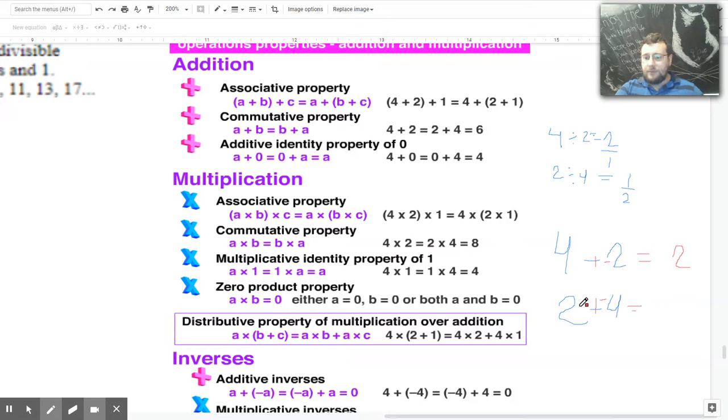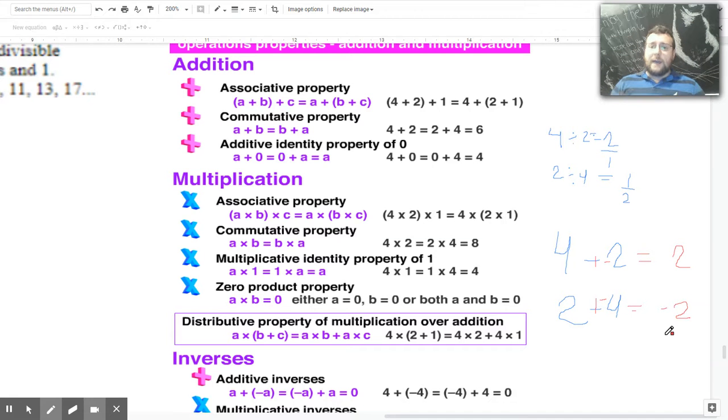This time, once again, the signs are different. So it's going to be 2, but the 4 is bigger with a negative sign, so it's going to be negative 2. So you got the opposite answer when you inverted the order with subtraction. So if you change the order in subtraction, you get the opposite answer. If you change the order in division, you get the inverse answer.